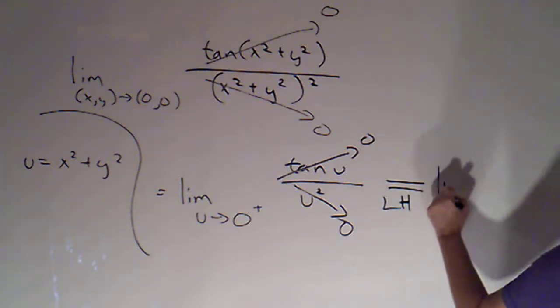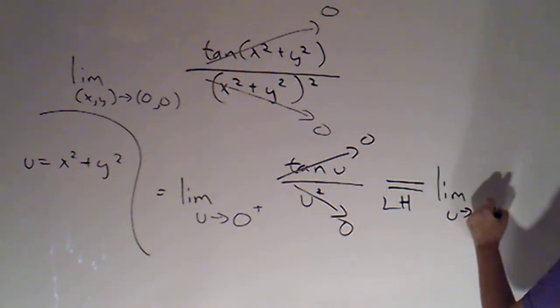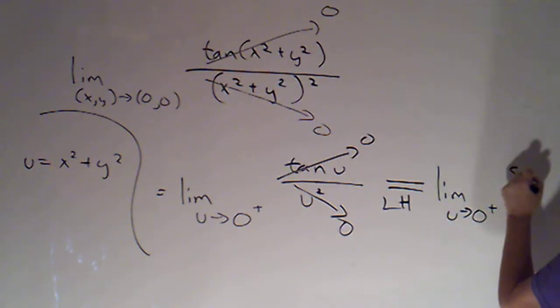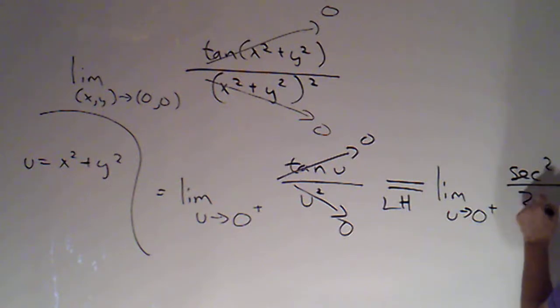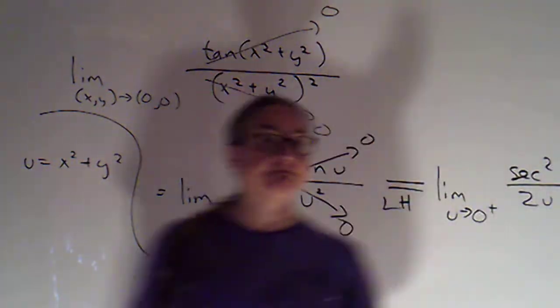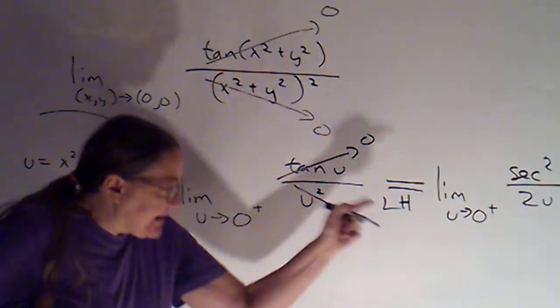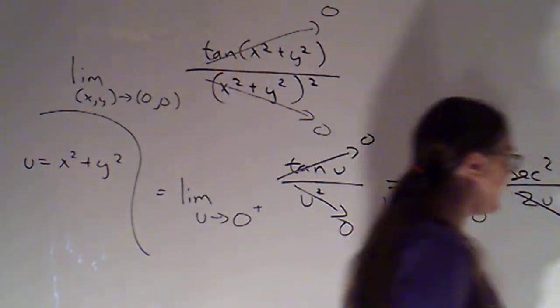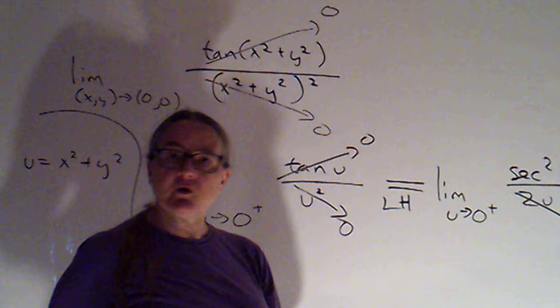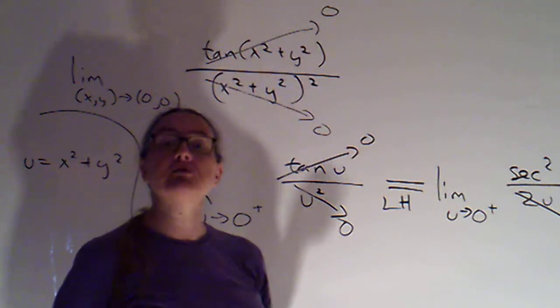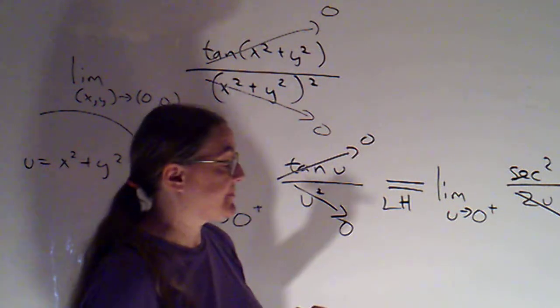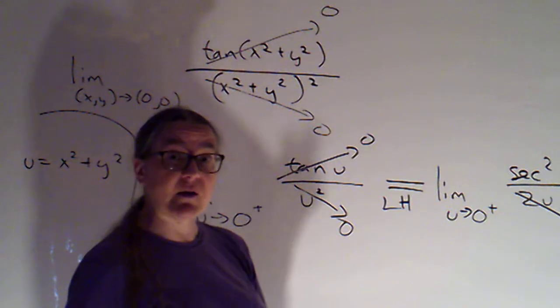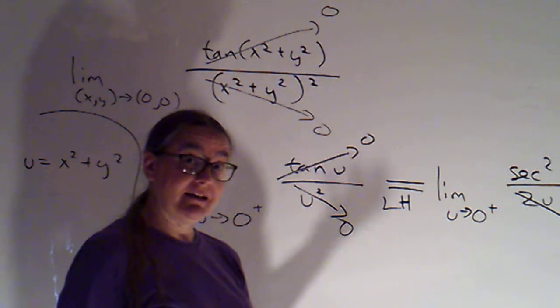So I can say this is the limit as u goes to 0 from the positive side of secant squared u over 2u. Okay. Well, now I still can't plug in 0 because the bottom is still going to 0. But I can't use L'Hopital's rule again because I no longer have an indeterminate form, because the top is going to secant squared of 0.